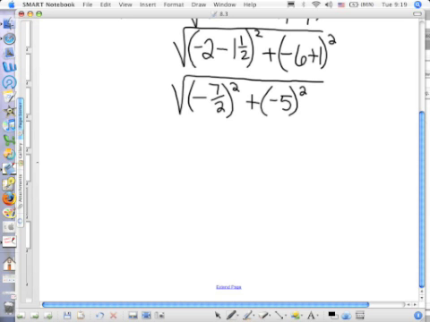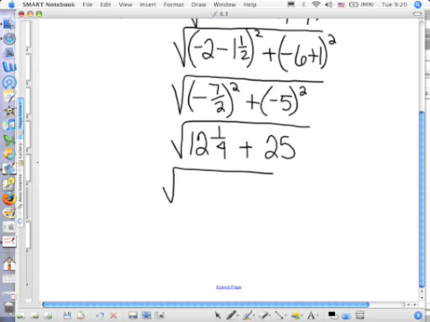So we're going to put that back as a mixed number. 49/4 is 12 1/4, and 5 squared is 25, which gives me 37 1/4. The square root of 37 1/4 is the length of my radius.